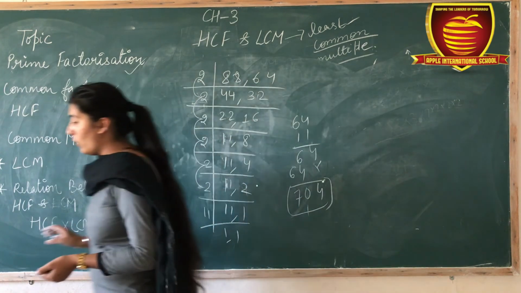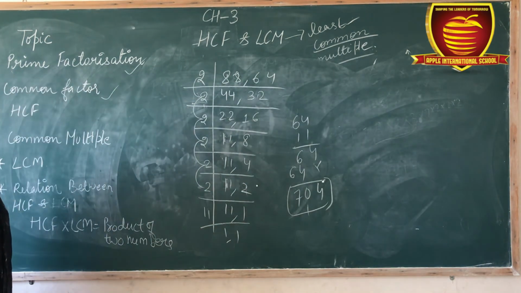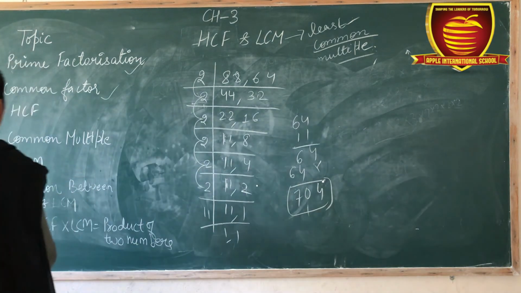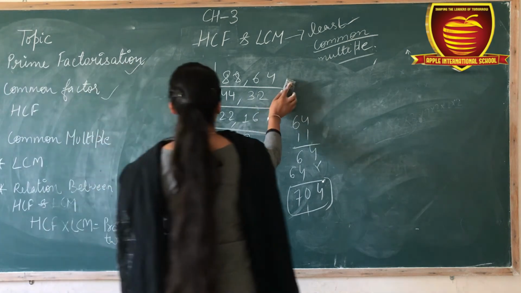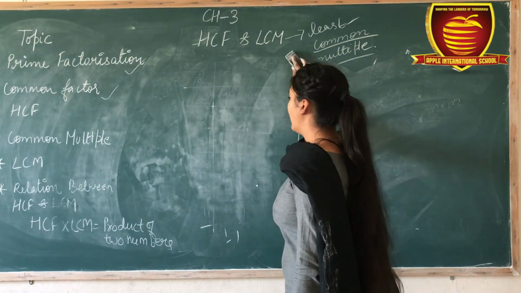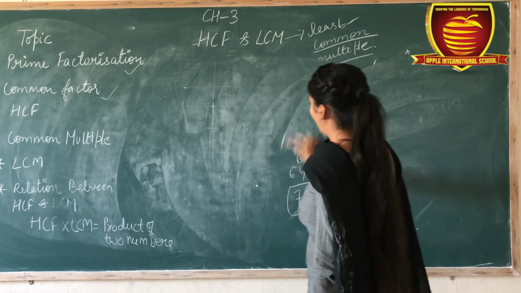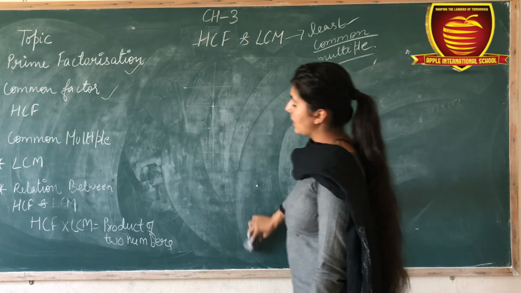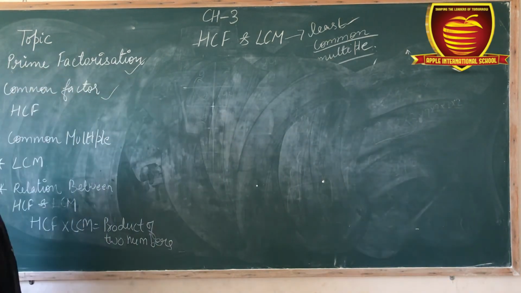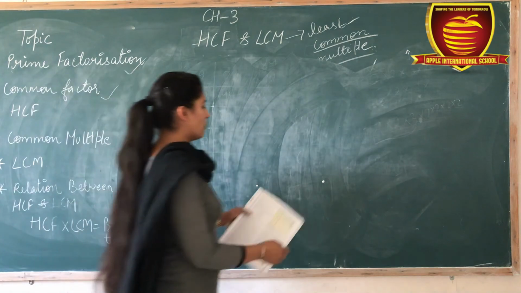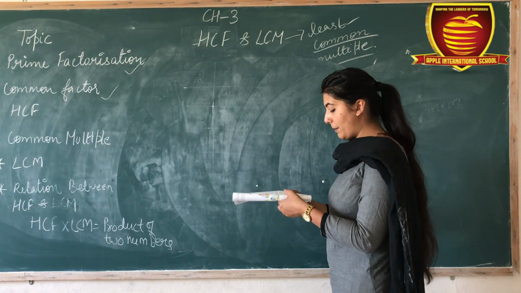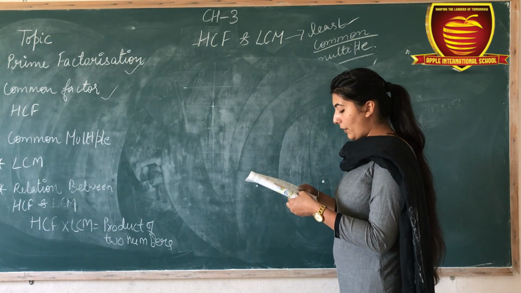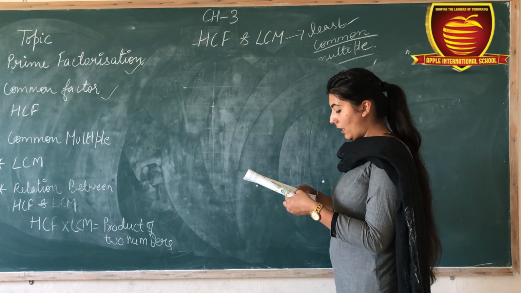Now the last topic is the property of HCF and LCM, the relation between HCF and LCM. On this equation we have to do some word problems given in your exercise. I solve two of the questions from this property. For example, find the HCF and LCM of two numbers.